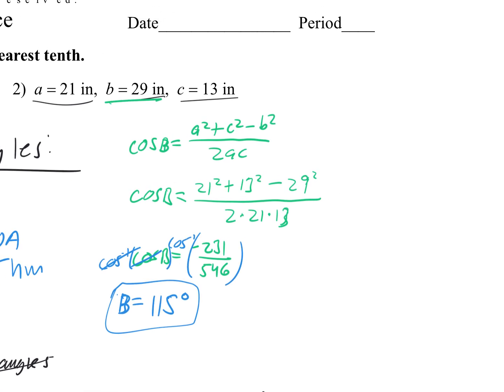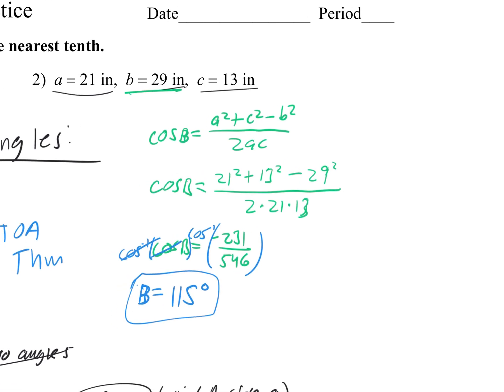All right. Now that I have an angle B, I can find another angle, right? So if I have angle B and I have side B, right, that's a pair. I can use the law of sines. So let's say I want to try to find angle A. I would do sine A over A, which is sine A over 21, equals sine B over B, which is sine of 115 over 29. And then I would multiply 21 on both sides.